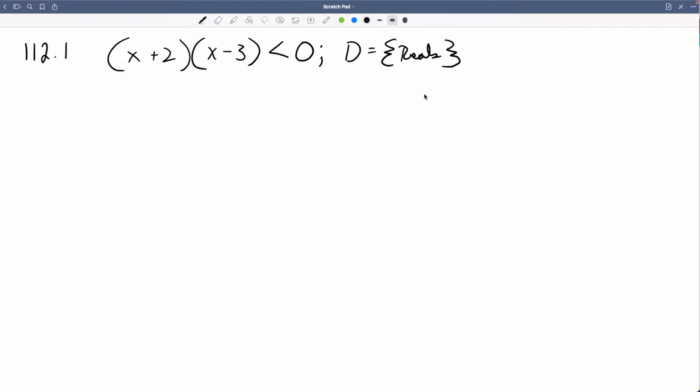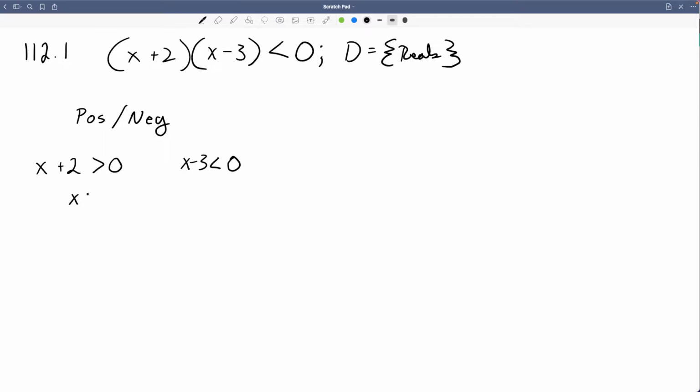In order to do this, we are going to set up a positive and a negative. We already know how to do positive, so we say x plus 2 is greater than 0. That's how we would set a positive up. For a negative, we say x minus 3 is less than 0. And then we solve like normal.